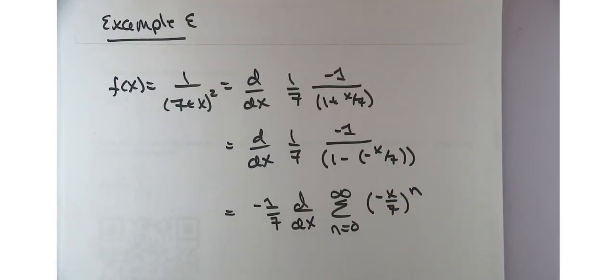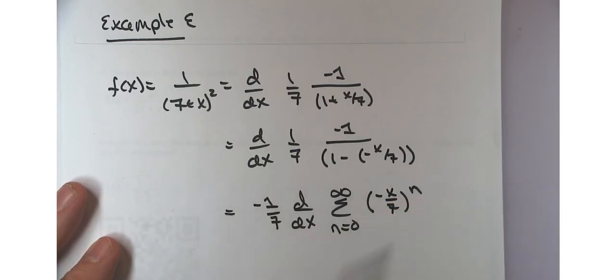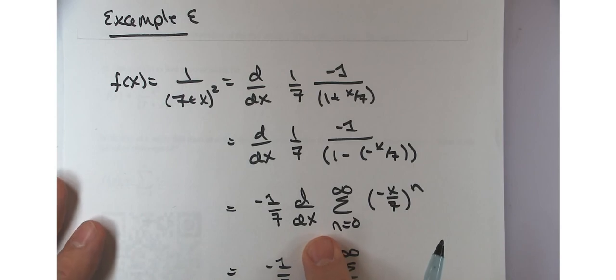Okay, well, let's see about differentiating that thing. I'm going to clean this up just a little bit. So that's going to be negative 1/7 d by dx, the sum from n equals 0 to infinity. Now we're differentiating with respect to x.